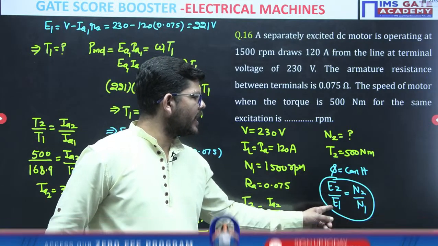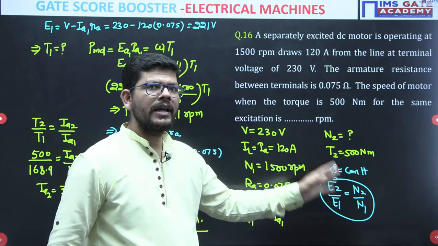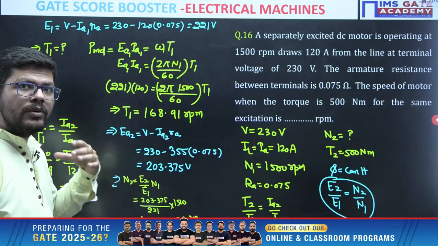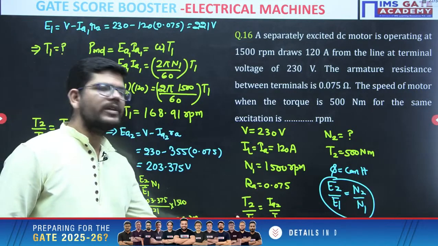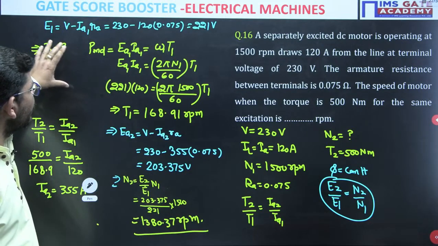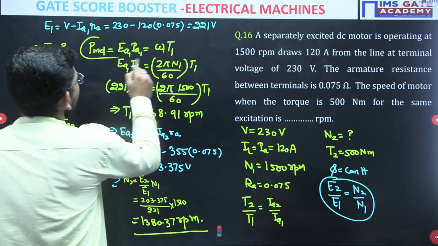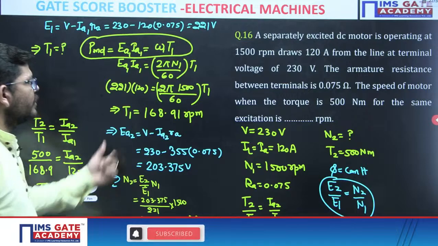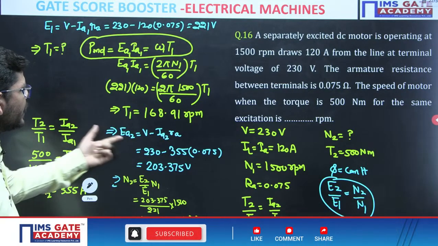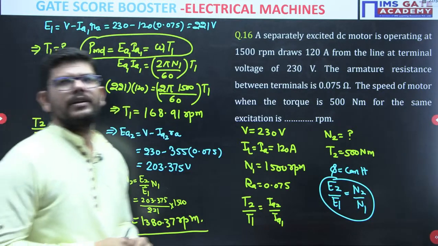E1 we can calculate with the given data, but E2 cannot be calculated directly. In order to calculate E2, we need IA. IA can be calculated through the torque relation. T2 is given; whenever we have to calculate torque, we apply this condition. Torque is known, current is calculated, EA2 is calculated, apply this relation and get the problem done.